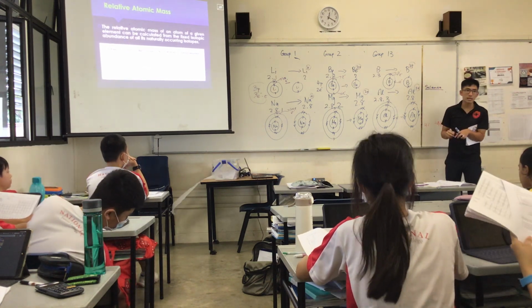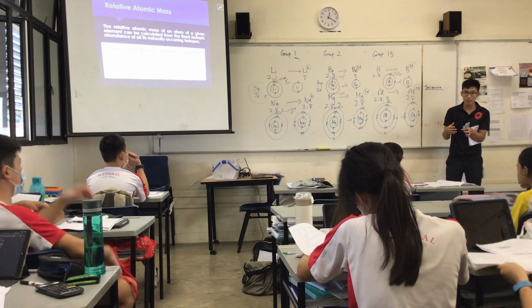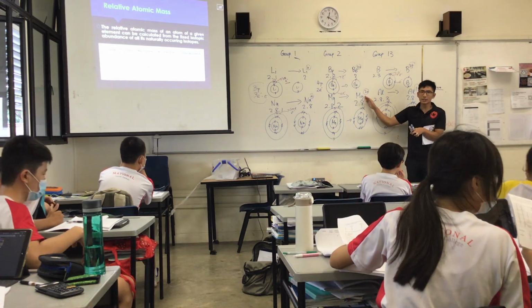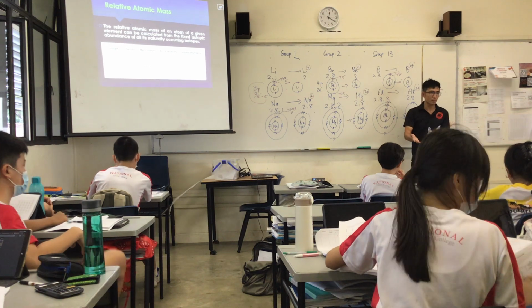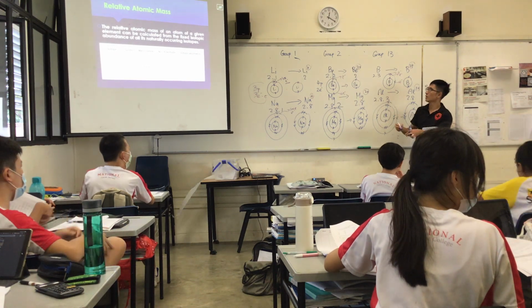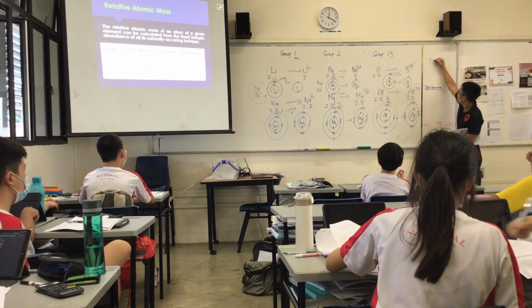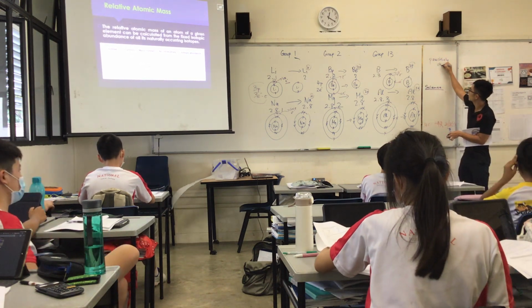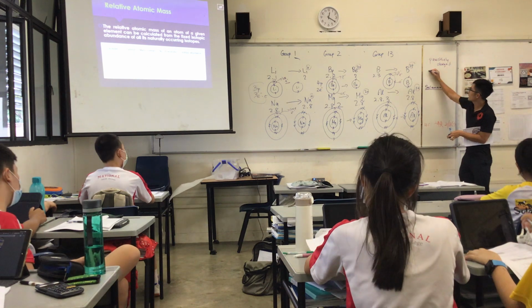I'd like to introduce a name to you so that you can add a name to it. Atoms that have lost electrons to become positively charged, they are called cations.